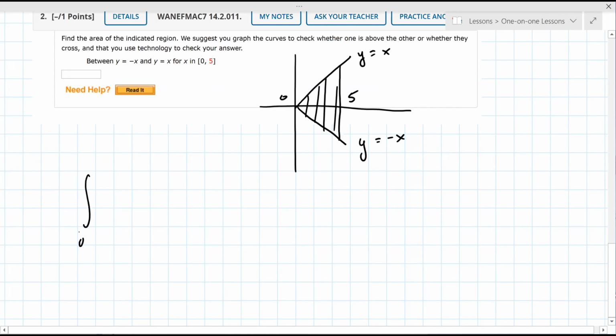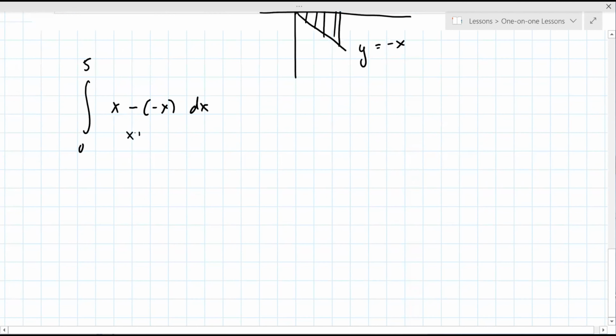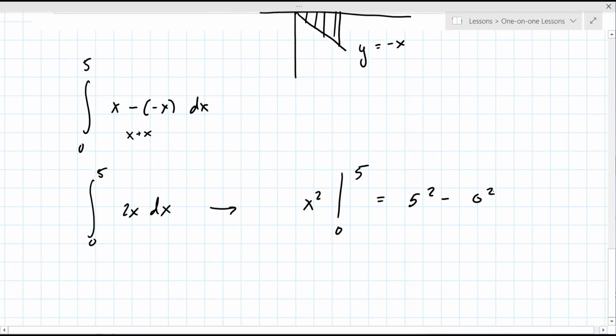It's the integral from 0 to 5, top minus bottom. So this becomes x plus x or 2x. And this becomes x squared when you find the antiderivative from 0 to 5. So it equals 5 squared minus 0 squared.